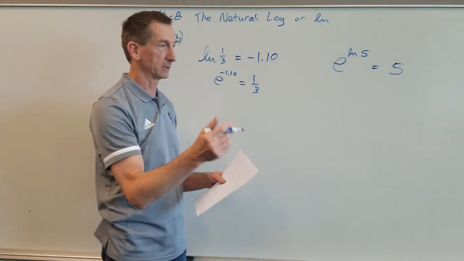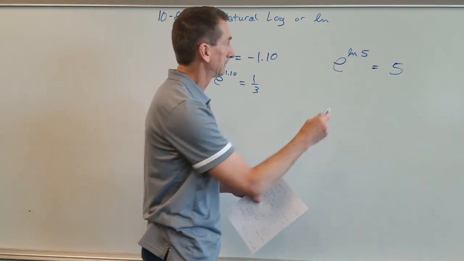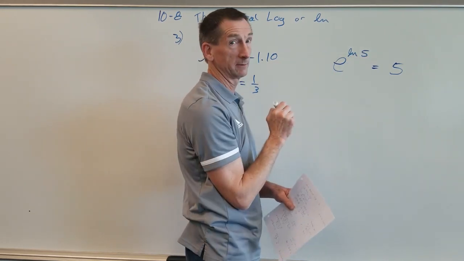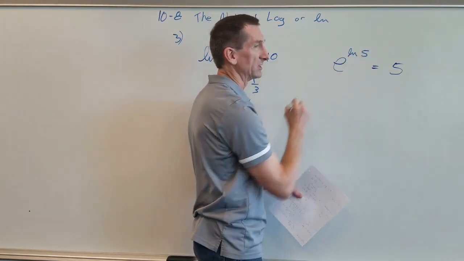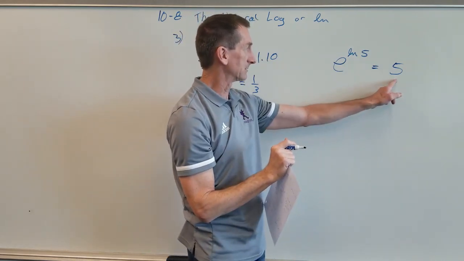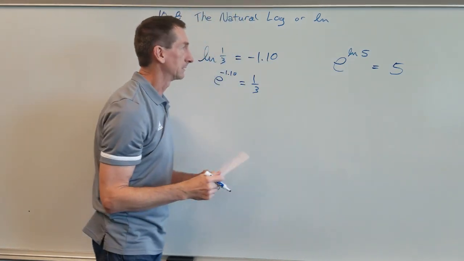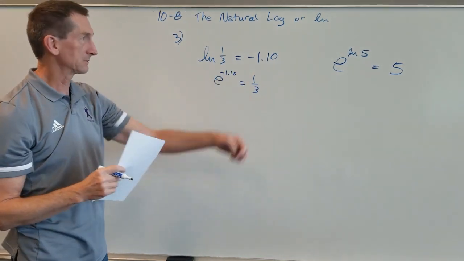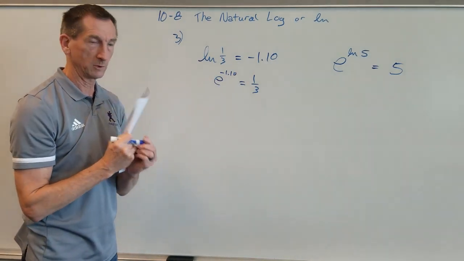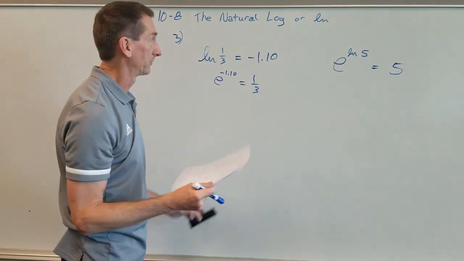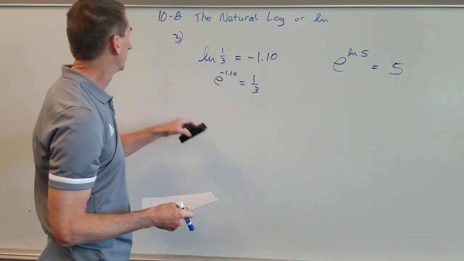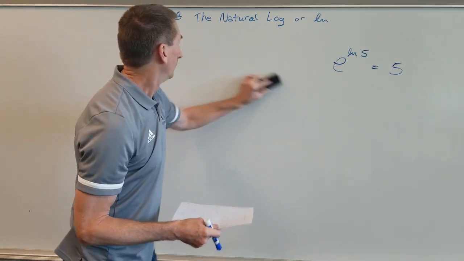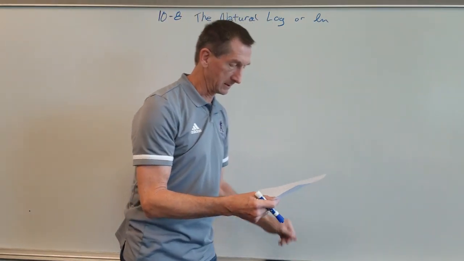And we can prove that with the calculator. If you take natural log of 5 and then raise e to that power, e to the 1.69 something, it'll come out to 5. We can use these kinds of things when trying to solve more complicated problems, and this you already know how to do. Okay, moving on. Let's get into something fun.